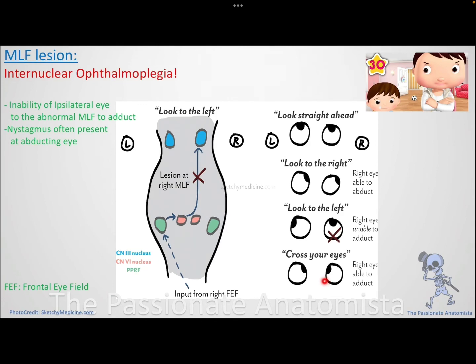And that can also end up causing nystagmus in the abducting eye. So eventually that can cause nystagmus at the abducting eye if you have a problem in the medial longitudinal fasciculus that is controlling the communication between the nuclei of the extraocular muscles.